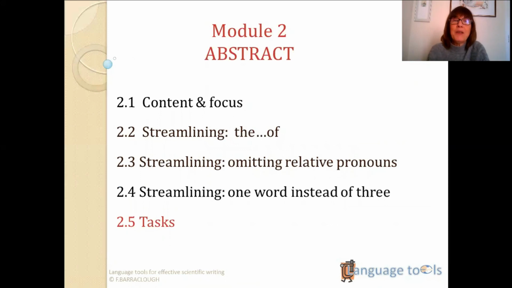So that brings me to the end of this module 2. Okay, I would like you to have a look at your tasks. As I say, we just do a few tasks during the video session, but you have a number of tasks that you can practice with, and I urge you to carry out the tasks in order to gain maximum benefit from this course, because it's one thing just to listen to me in the video and to see me carrying out these little tricks, but it's another for you to actually do it yourself, okay?